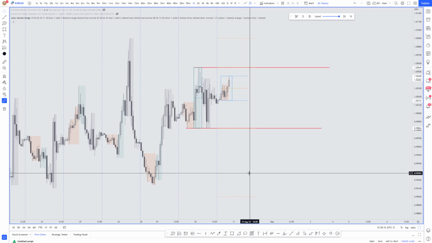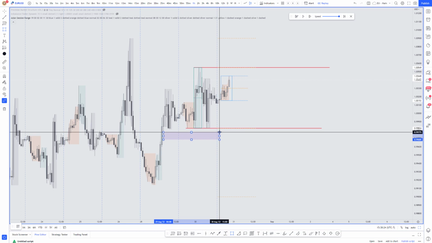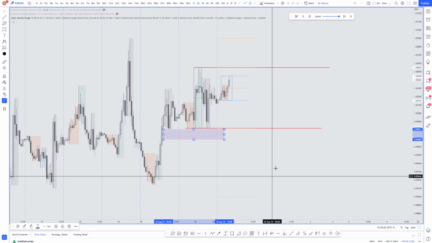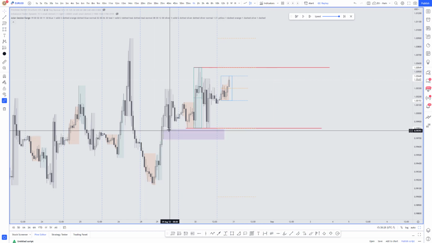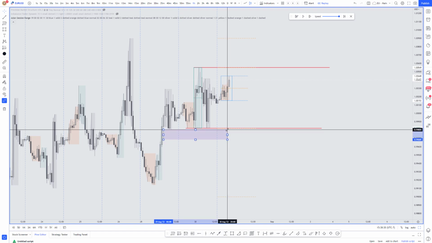There's not a doubt in my mind. If we go back to our imbalance concept, wicks are imbalance. Where would I pull this to? Right tight to these sessions. And I'd probably go a little bit below.